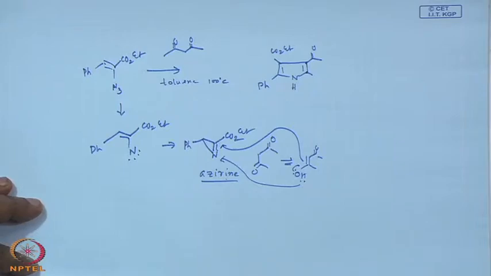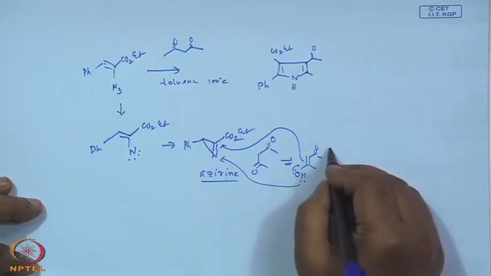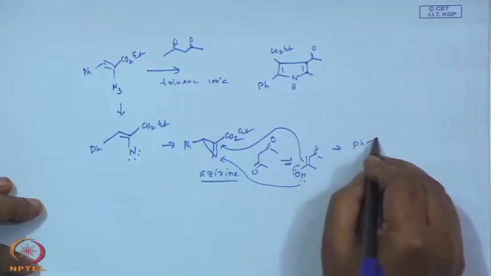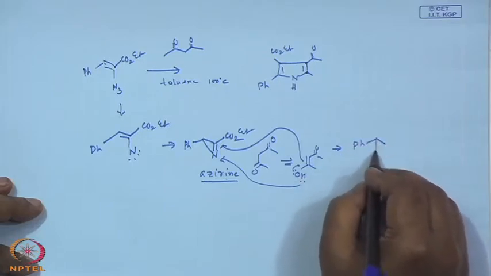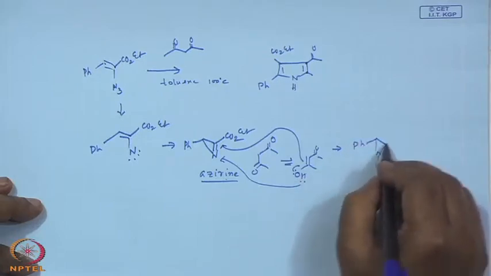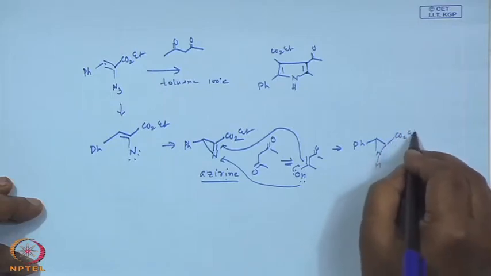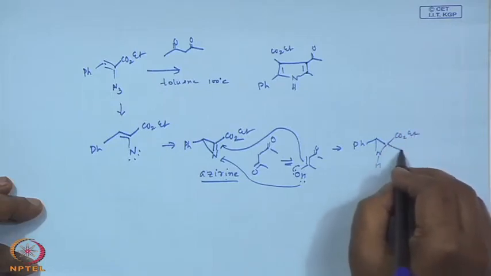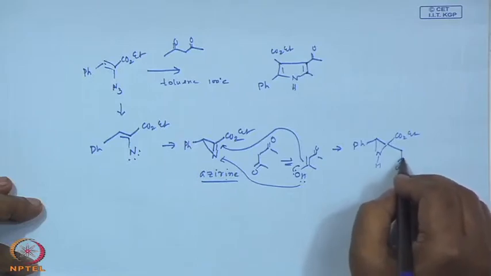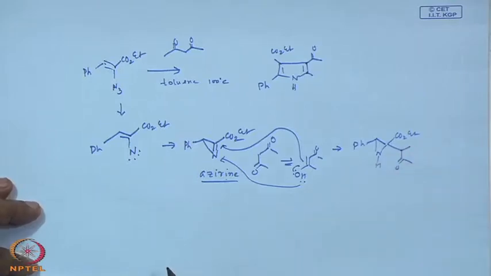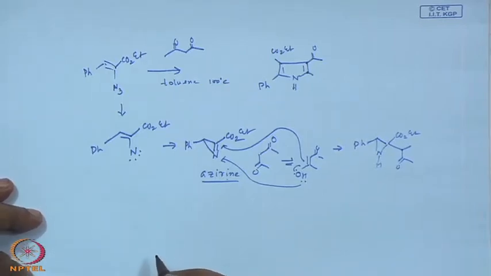What is this reaction? Thermal condition, pericyclic reaction, very good, an ene reaction. So, once you have this ene reaction, that means phenyl and nitrogen, you have this ester here and then this one, okay.